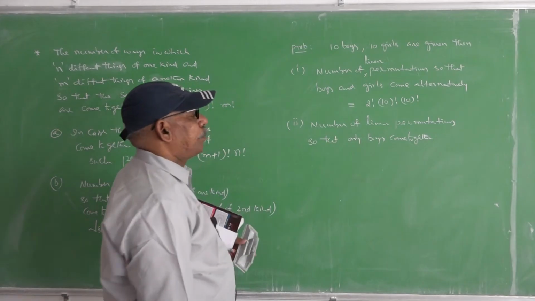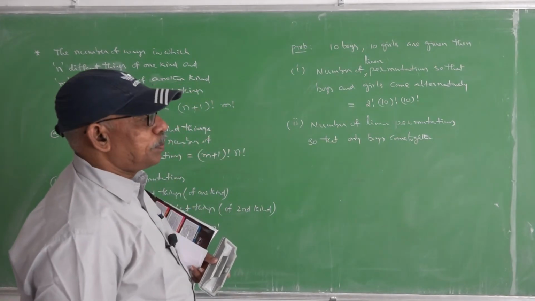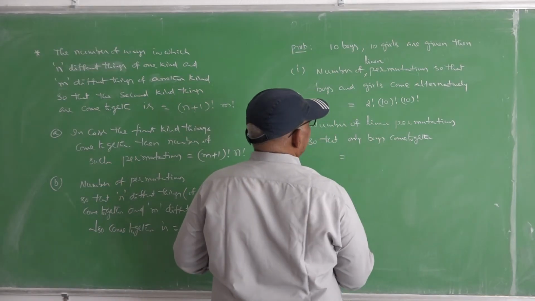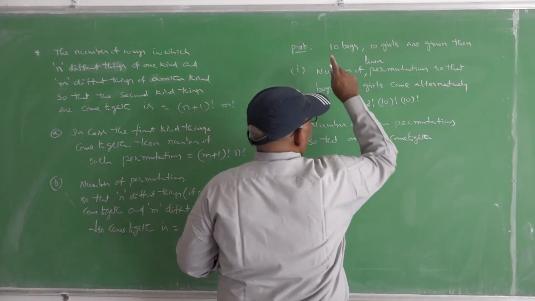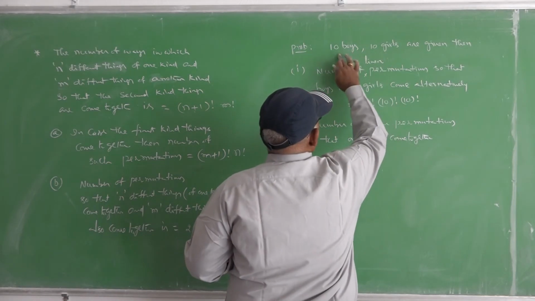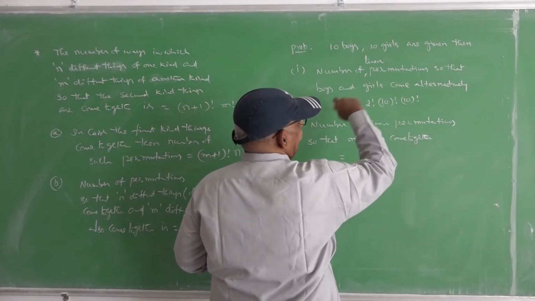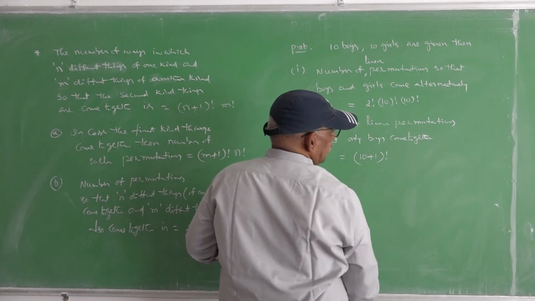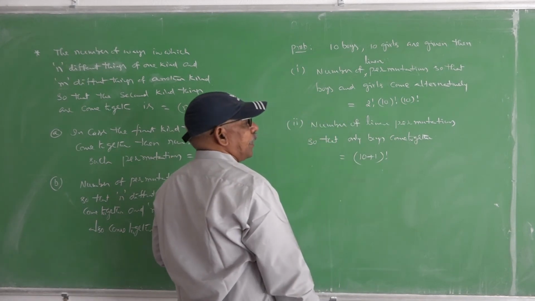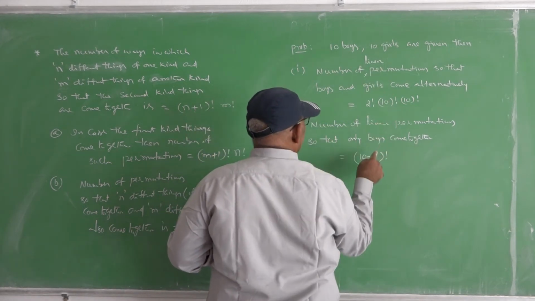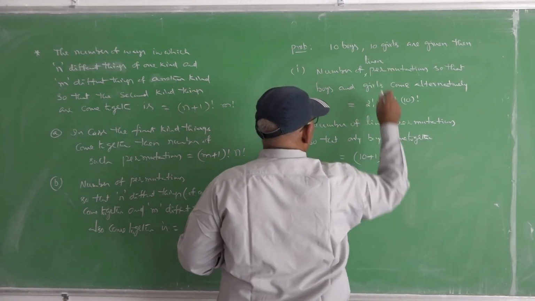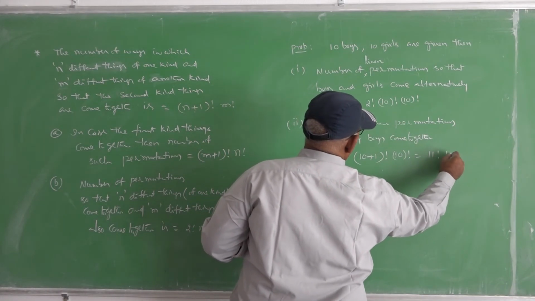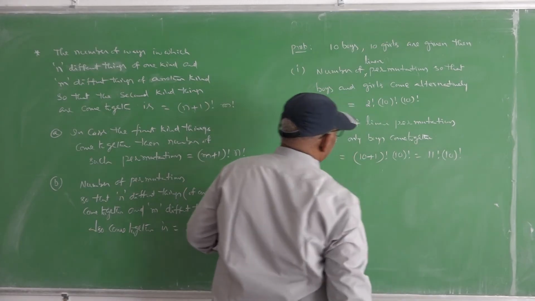Only boys come together means assuming all the boys as one person, the total number of persons becomes 11. So 10 plus 1, the 11 persons can be arranged in 11 factorial ways. For each such arrangement, internally the boys can be arranged in 10 factorial ways. That is 11 factorial into 10 factorial ways.